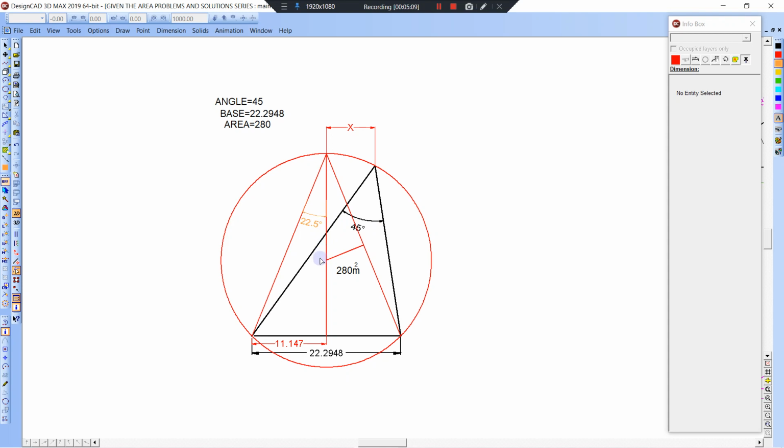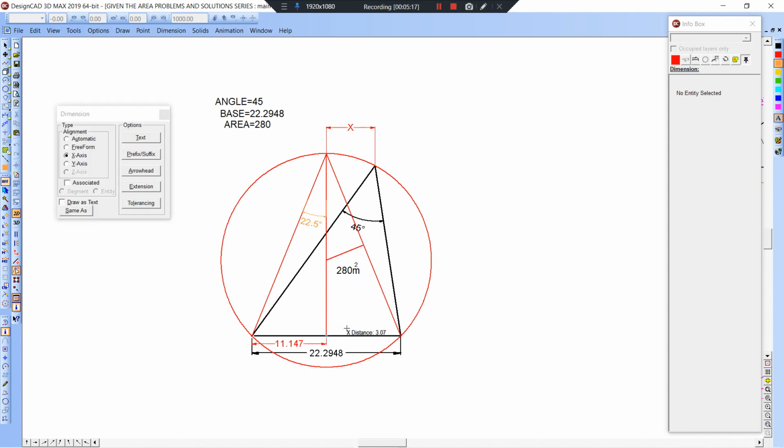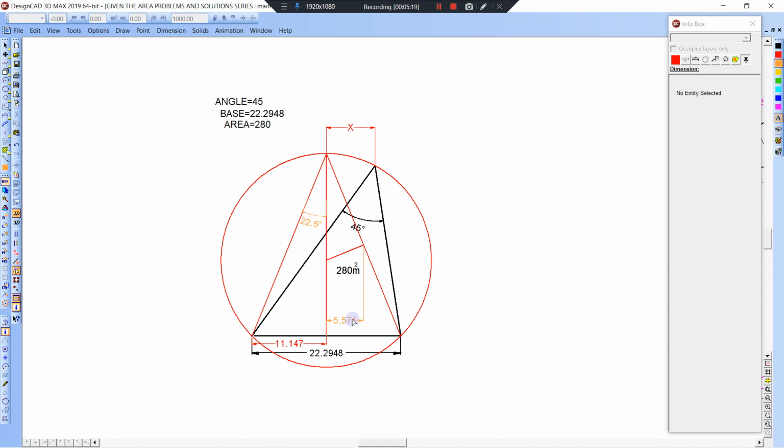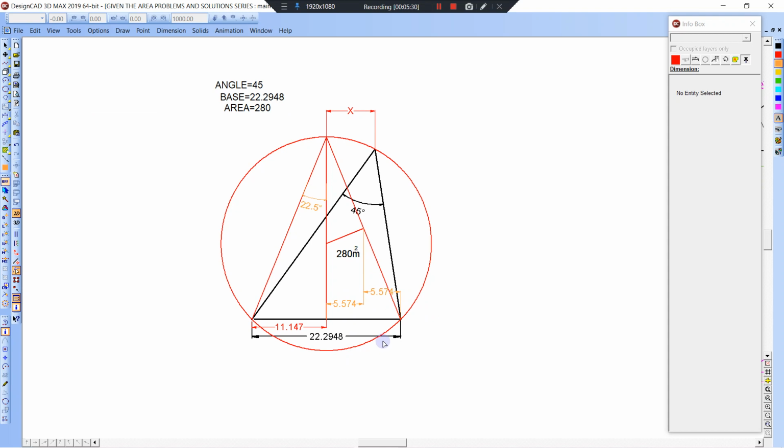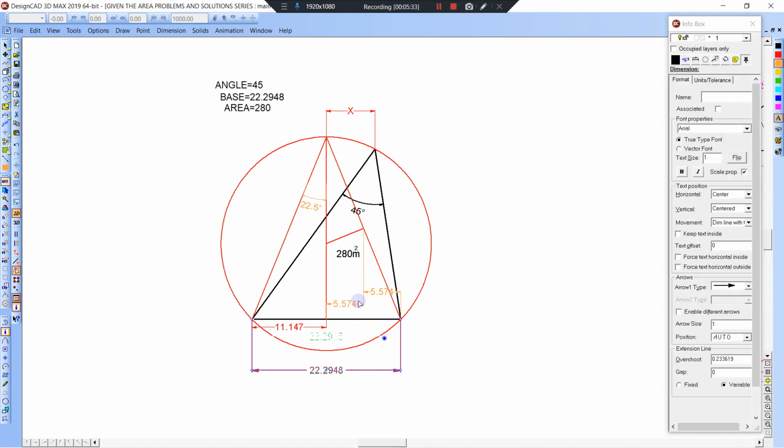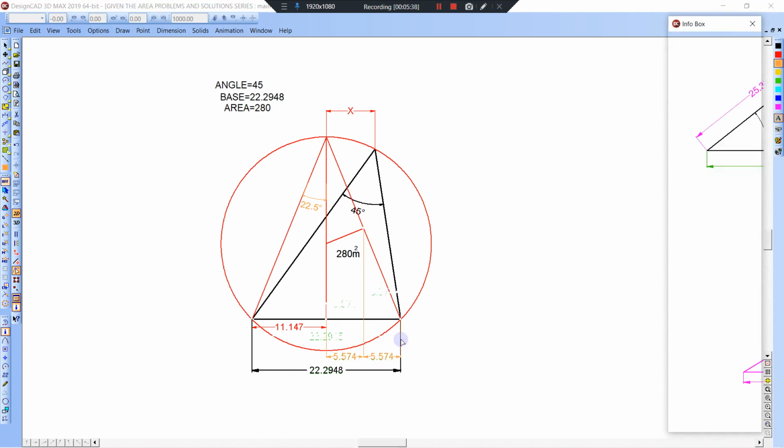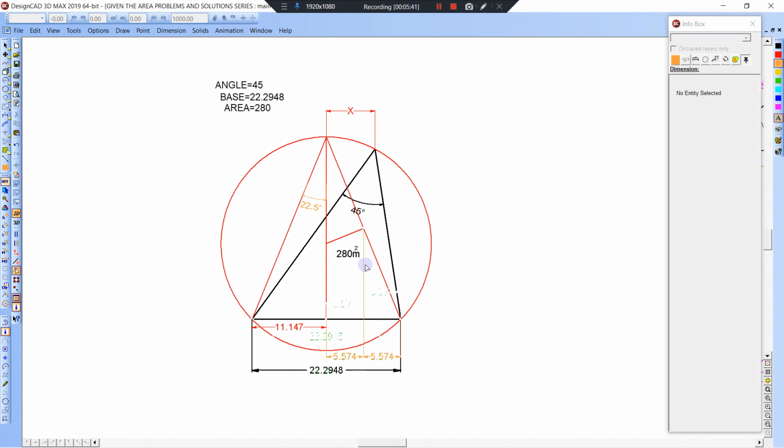But we don't know the radius of the circle yet, so we can probably solve that by creating, now that we know this, right, this dimension here, this is midway between that line, so that and this are going to be the same. Right, let's draw this down a little, make it a little more clear. So those are also going to be equal. And now we have what we need for this triangle.